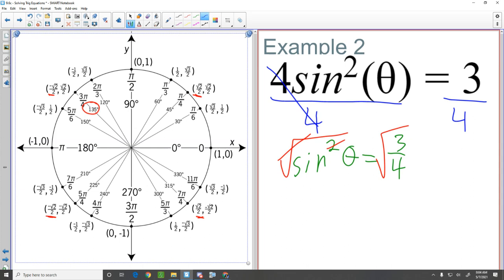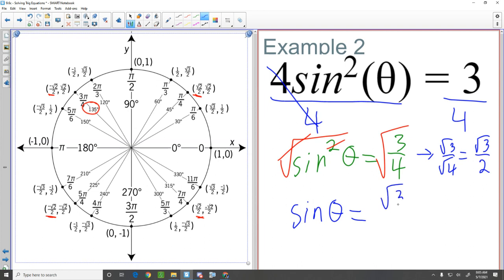And so we're looking for the sine of theta equals, now this little mini problem here, the square root of 3 over 4, that's the square root of 3 over the square root of 4. And hopefully you recognize that the square root of 4 is just 2, right? So now you're looking for the sine of theta equals the square root of 3 over 2.